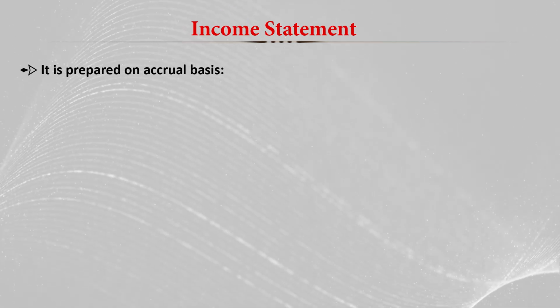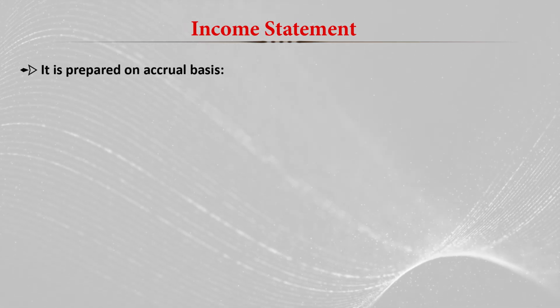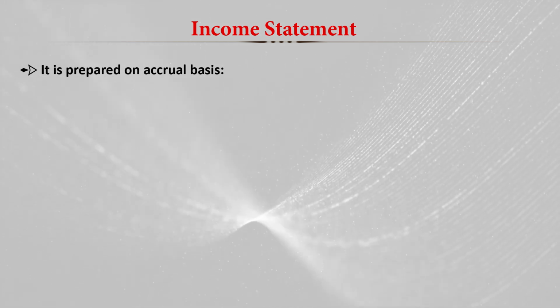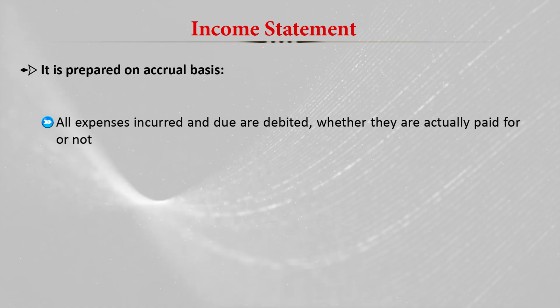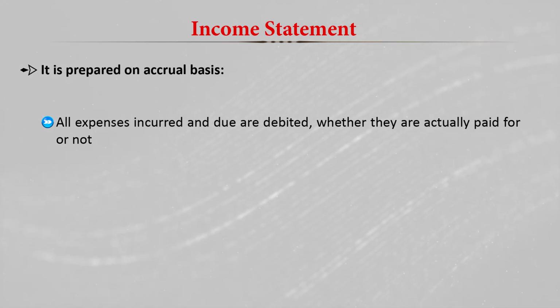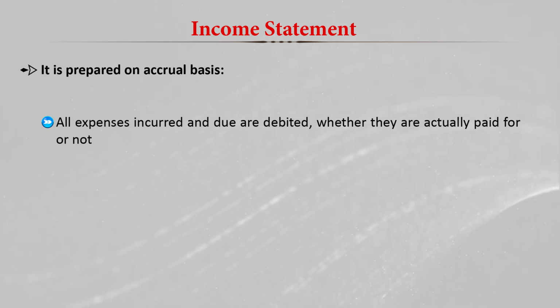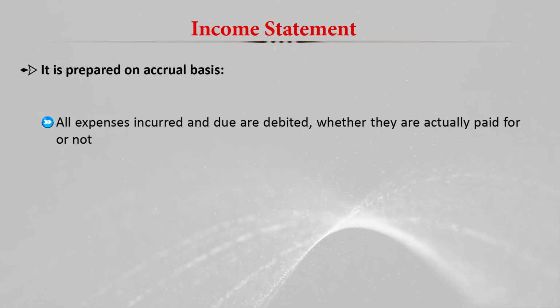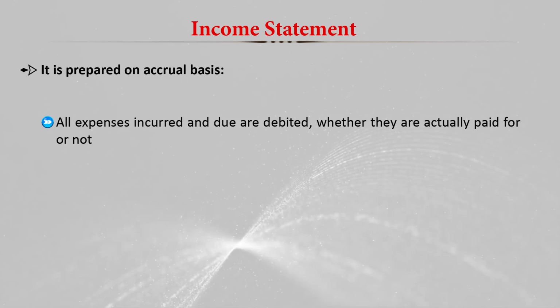When we talk about the income statement, it is prepared on the accrual basis. Accrual basis means all the expenses incurred or dues. Whatever expenses we have already made or are going to make are debited, whether they are actually paid or not.